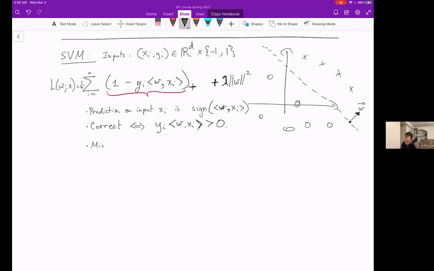So the so-called misclassification loss would be 0 if the prediction is correct, and 1 otherwise.